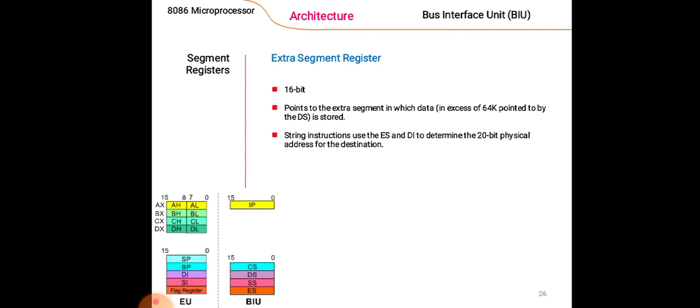Or if we want to use a large memory location inside the 8086, like for string operations, then the extra segment register is used. It is also of 16 bit, and these string instructions use the extra segment, and for that offset address generation is done by DI, that is destination index.